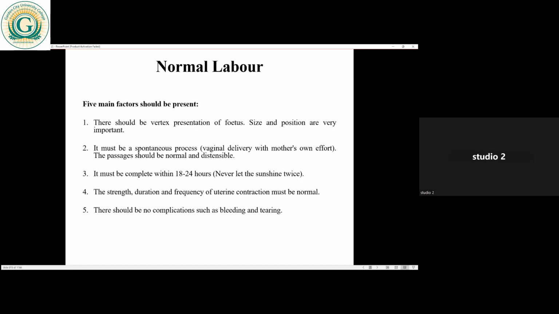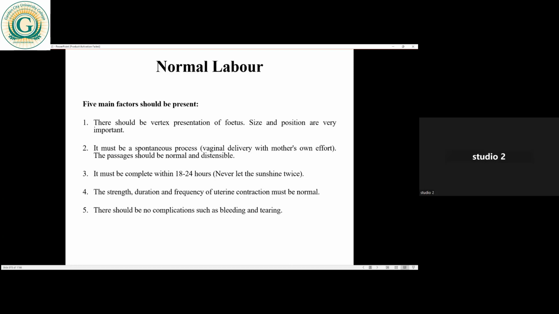Four main factors should be present for the labor to be normal. The baby should present with vertex. We just heard of vertex presentation. And it must be spontaneous, no external force. It should come by itself. It should complete within, if the person is a primigravida, that's the first pregnancy, and she's gone into labor, then that labor should last a maximum of 24 hours.